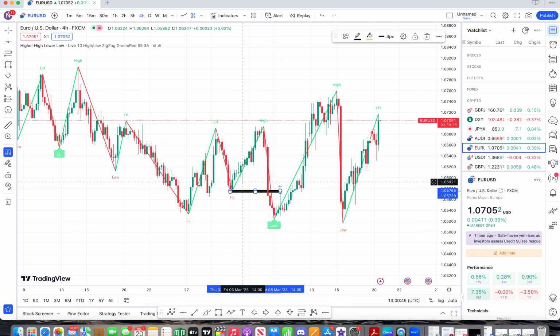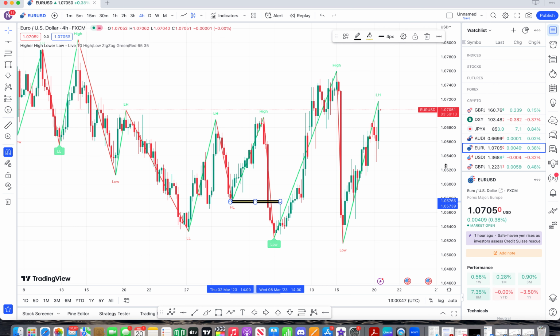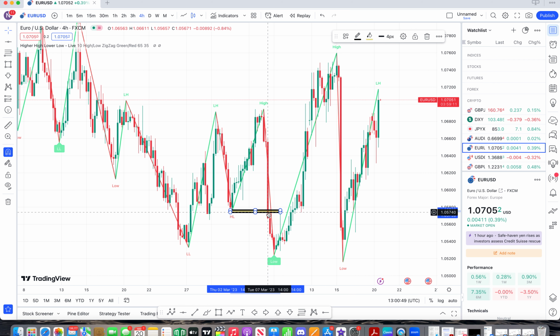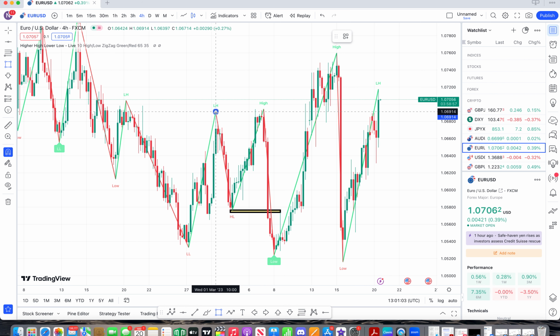In any structure, when a higher low has been broken, you are supposed to sell. So from this point on, you're supposed to sell, all throughout this entire time that it pushed up and created a high. Anytime a lower high has been broken, it's supposed to be a buy.